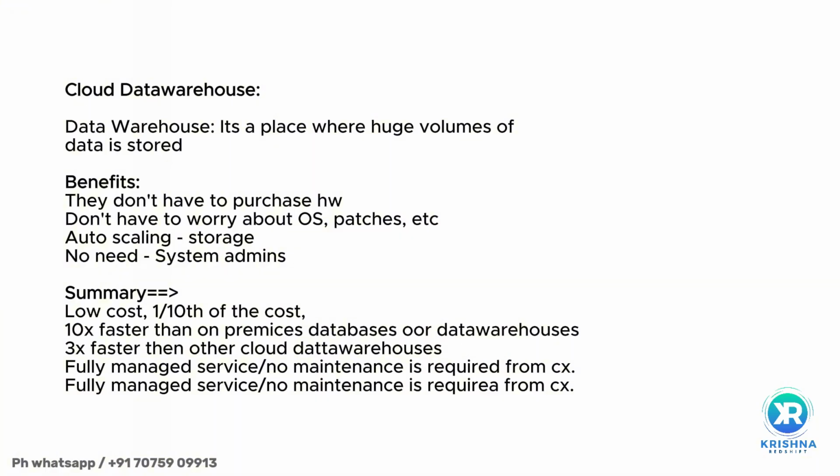Azure, Google BigQuery, and Snowflake. If you compare with those, it is 3x faster, and of course definitely 10x faster than the on-premises data warehouses. What are on-premises data warehouses? Oracle data warehouse, SQL Server, and of course Teradata, which is better than them.